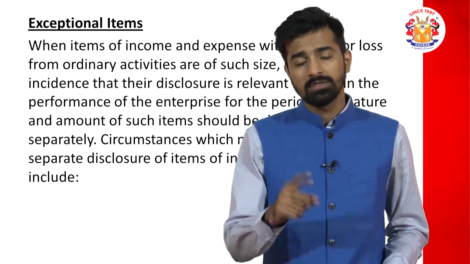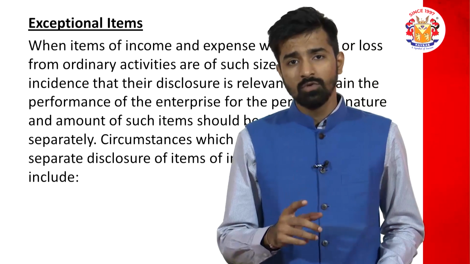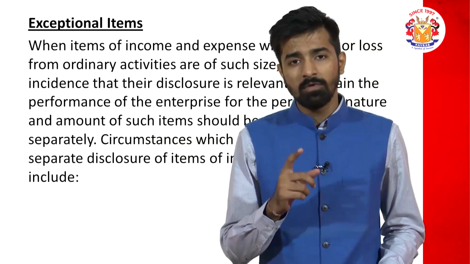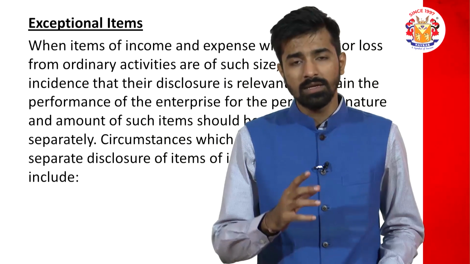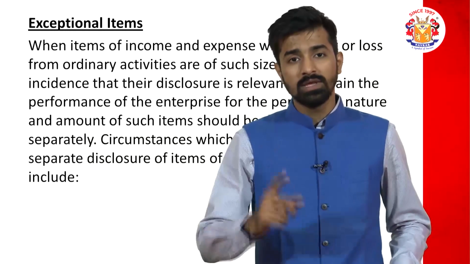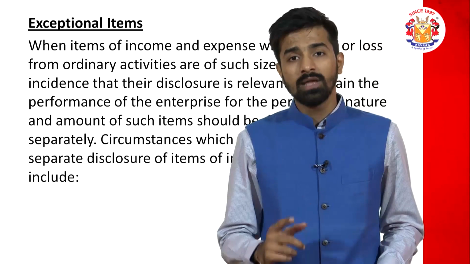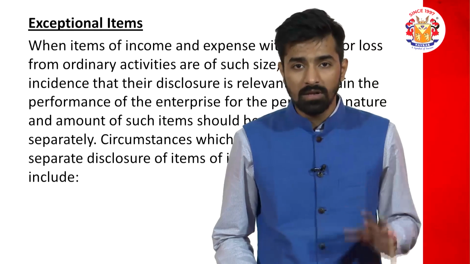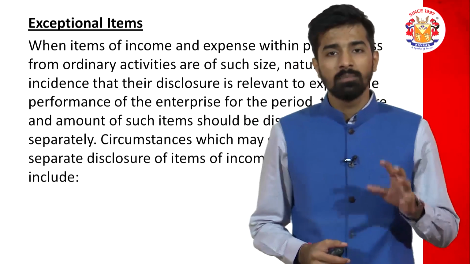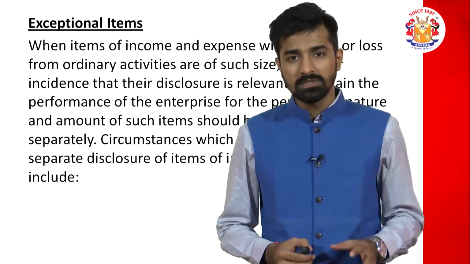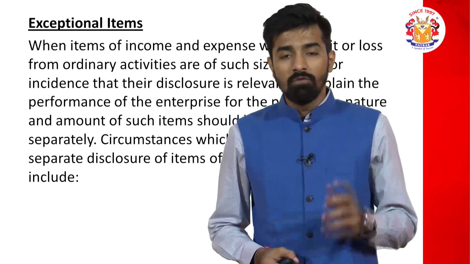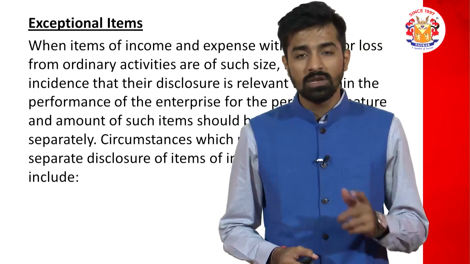Within the ordinary activities, I'm again repeating, there is a major confusion over here. This is not a third type of activity. We're talking about exceptional items. Exceptional items are not a third type of activity. They are a part of your ordinary activity only, a part of the business's ordinary activities. However, the separate disclosure is necessary. Why?